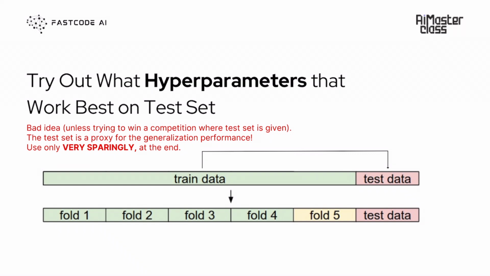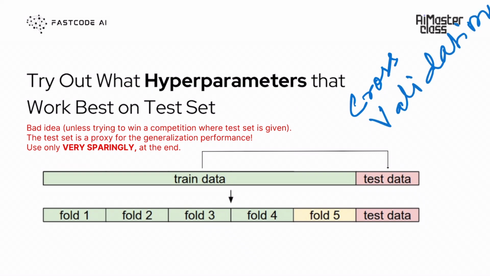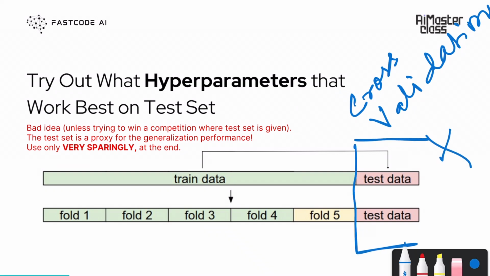We can do this thing called cross validation. It's just a fancy word. What it means is you will create multiple folds of your training data. You leave your test data as is, you don't touch it, but your training data, let's say we are doing 5-fold cross validation.